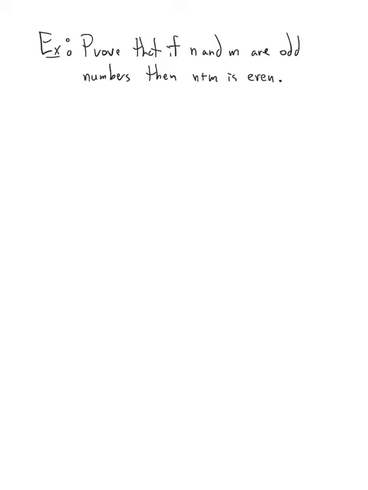The only difference is going to be that n and m are odd numbers instead of even. Alright, so hopefully you guys have something down, and let's see how I would do this.